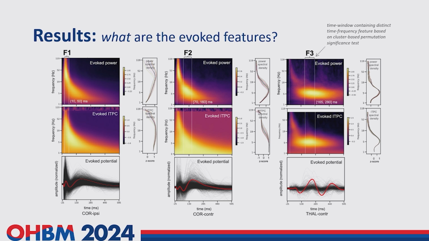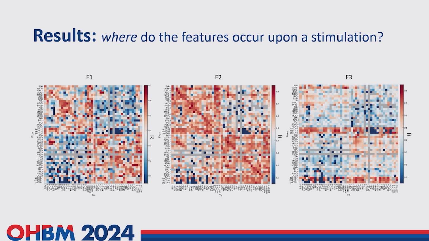evoked responses. So using those group level results, those group averaged results, we can see it as a template of a feature. And we use that as our reference and do a cross-correlation in each individual spectrogram of specific size of stimulation and recording area, by which we construct these causal connectivity matrices using the feature representation.